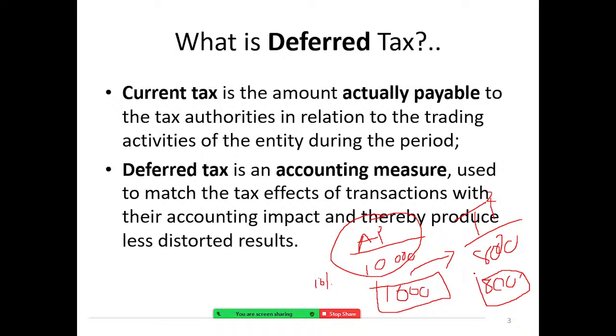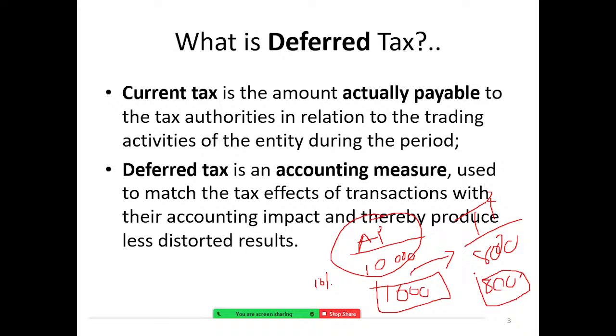After 5 years, we should pay more taxes, because the tax authorities will not allow accounting depreciation to be deducted as an expense. So the taxable profit will be higher than the accounting profit, and that time you have to pay more tax.